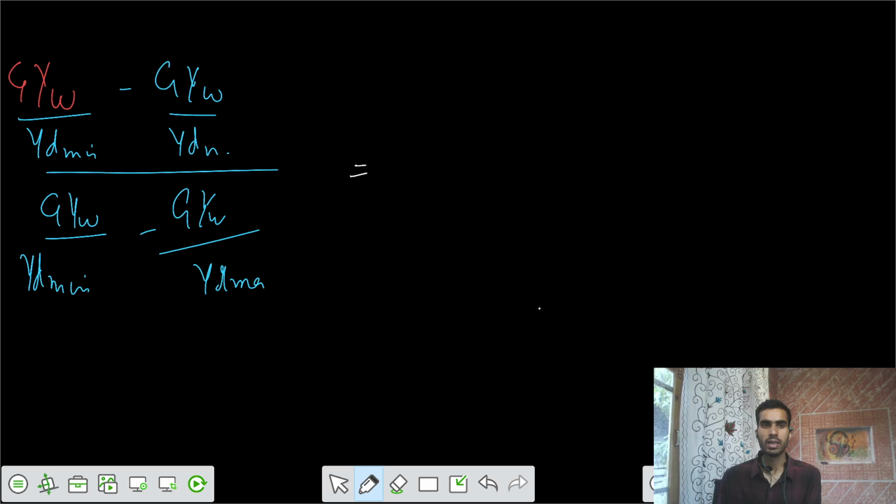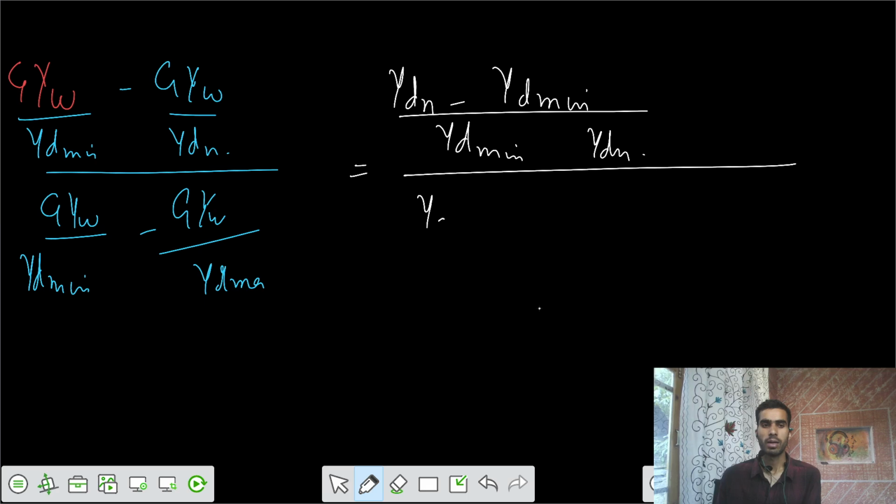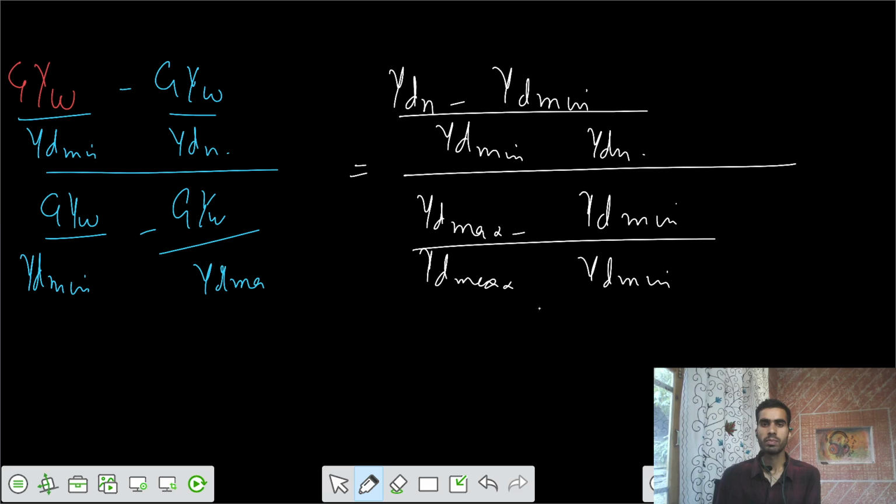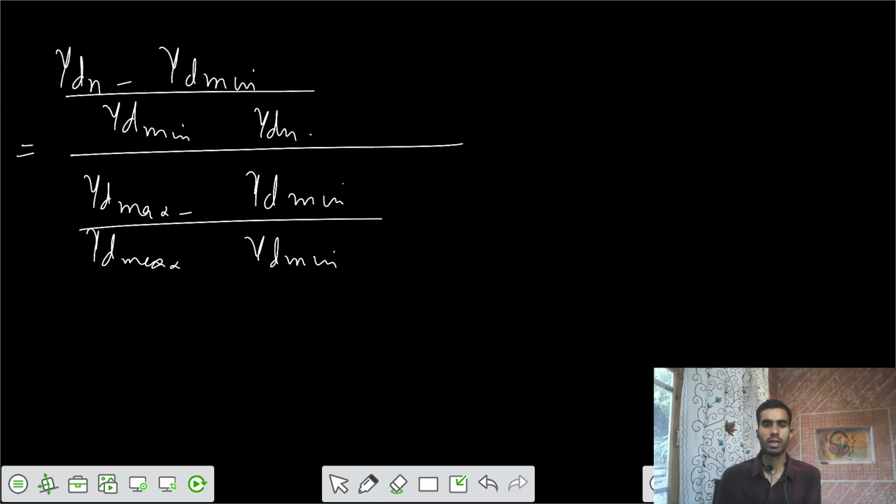So this is gamma d natural minus gamma d minimum divided by gamma d minimum into gamma d natural, divided by gamma d max minus gamma d minimum divided by gamma d max into gamma d minimum. We can solve that further.